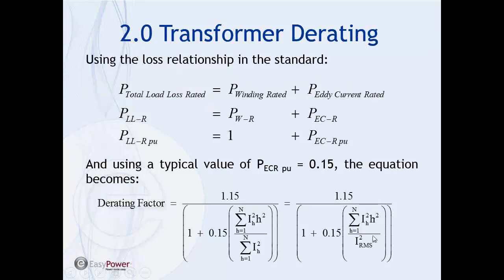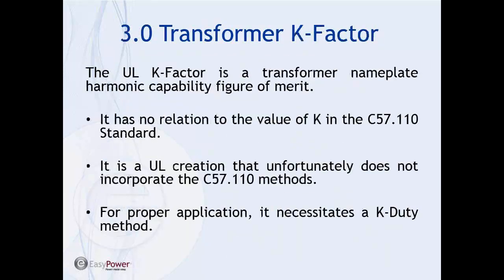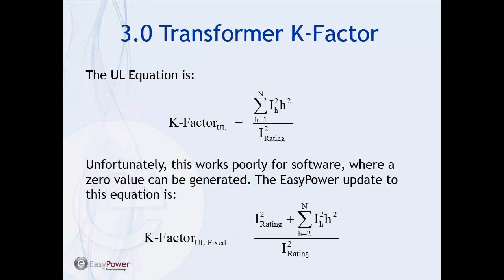This term is actually mostly from the eddy current losses. If you go back to the original formulation for your derating factor, that's what this component is. So we can see this relationship between the two. And so what we do is we sum those up and we divide them by I squared of the rating.